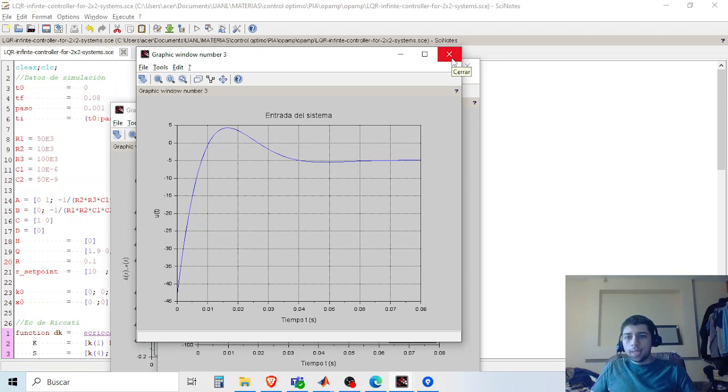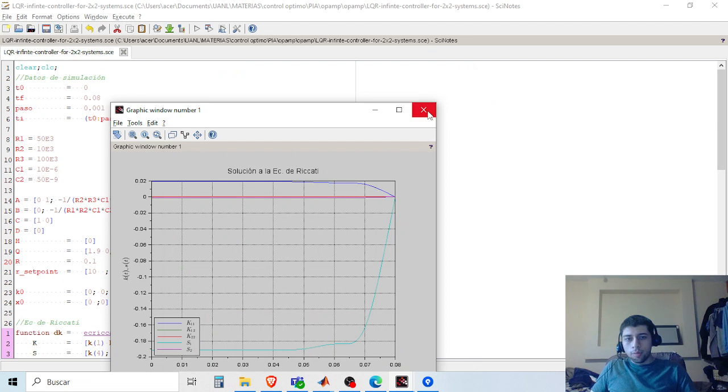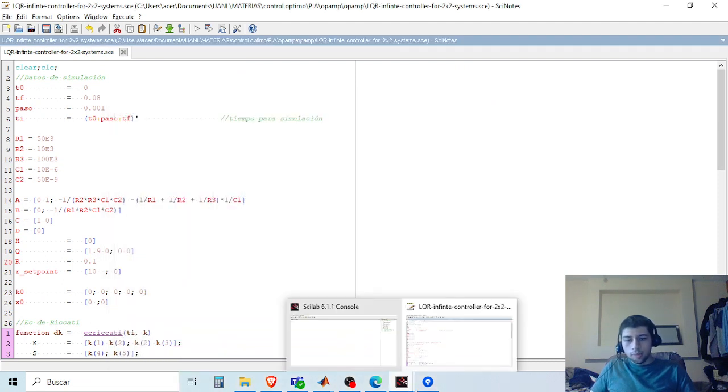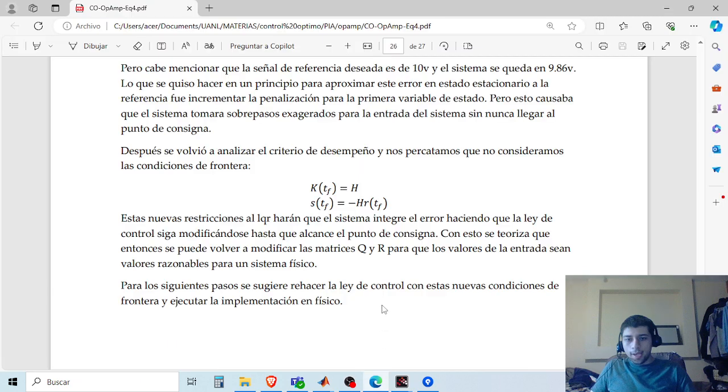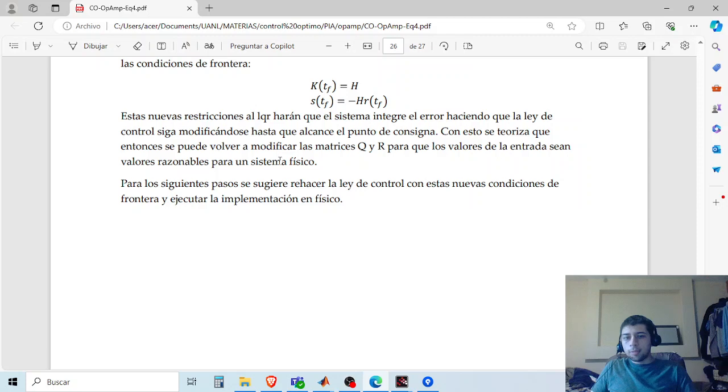So actually we can set a restriction of plus minus 10 volts for the input, or plus minus 12 volts, and work it out with those restrictions. But in order to do that, we have to also take the edge restrictions. And the following steps for this project is to redesign the controller taking such restrictions, and also to make the physical system and to prove that the control law design does work.